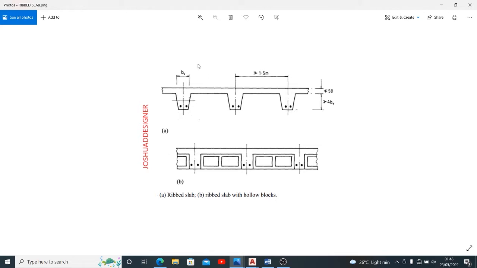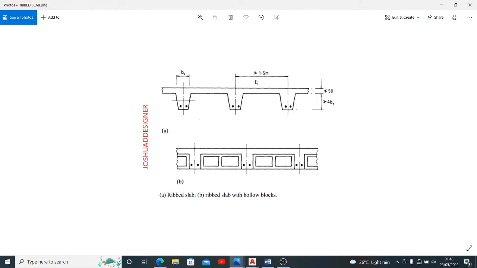I want to show you something from that first figure A. Starting from this, this is pointing out the width of your rib, and there is a provision for that in your code of practice. I just want you to know that we have something as the width of our rib.